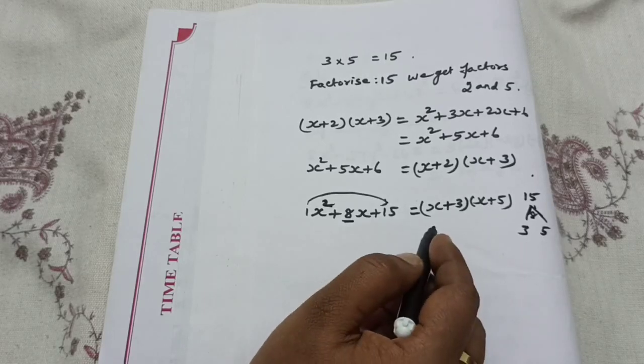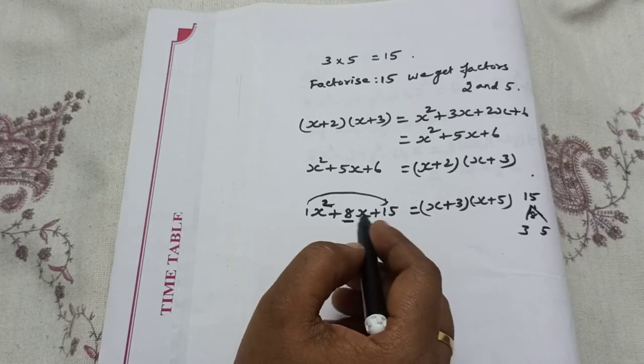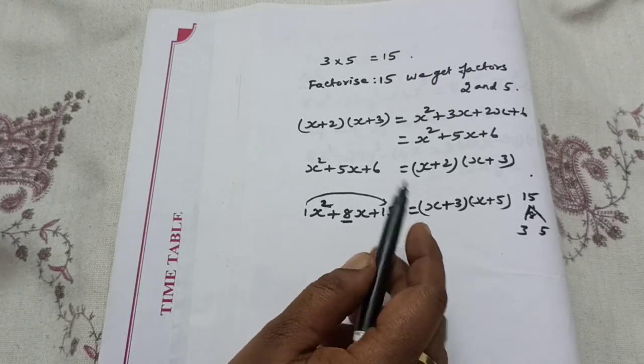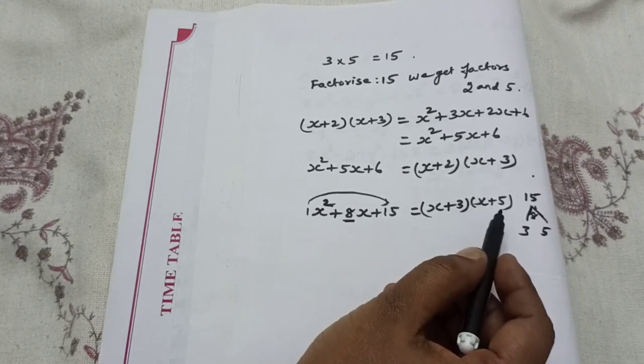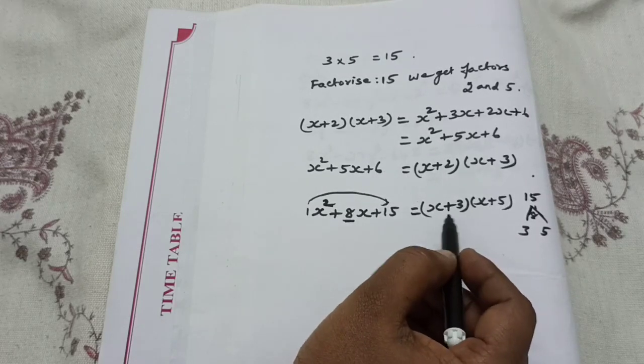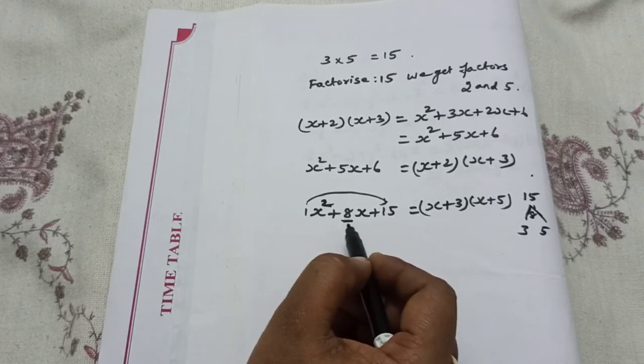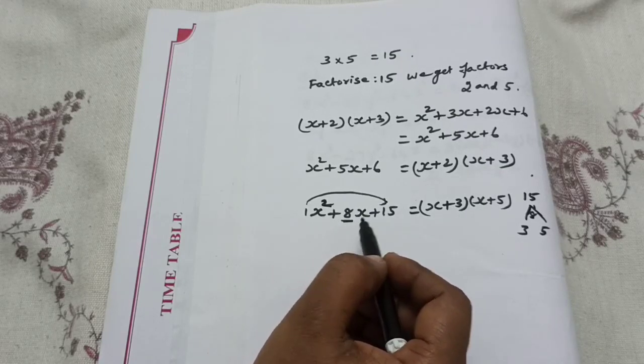Afterwards we cannot factorize. Any doubt? These two are the factors. The product of these two factors gives the higher degree polynomial.